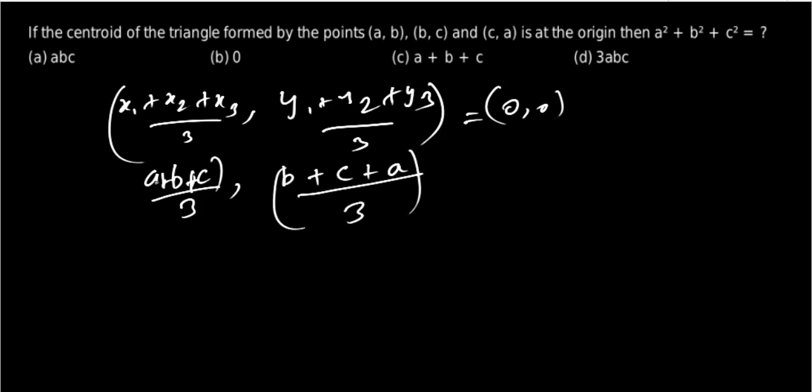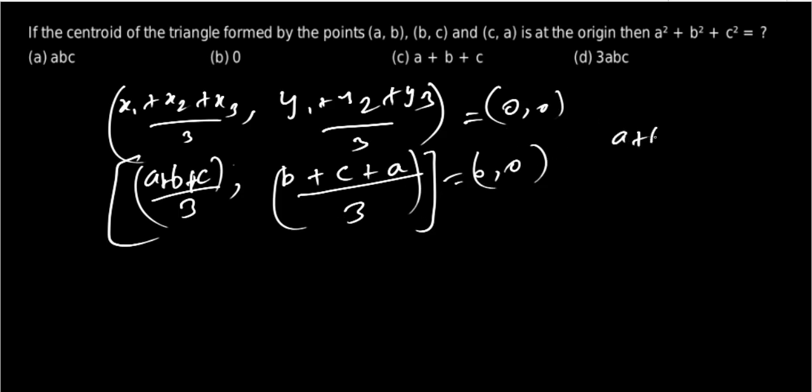So a plus b plus c by 3 equal to 0 and b plus c plus a by 3 equal to 0. The x coordinate is equal to 0 and the y coordinate is also equal to 0, which implies that a plus b plus c equal to 0.